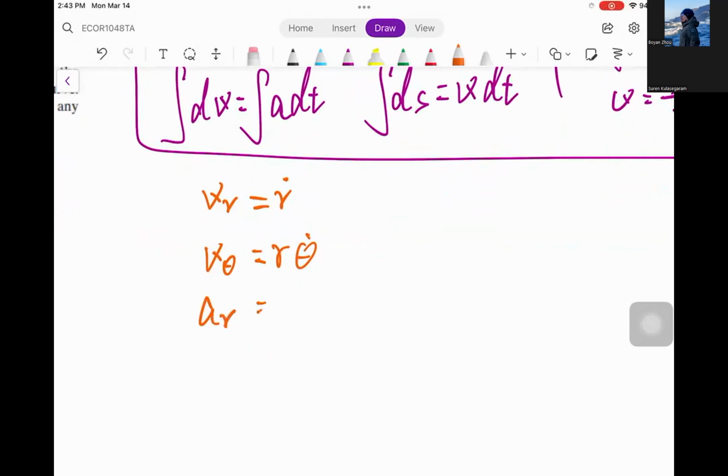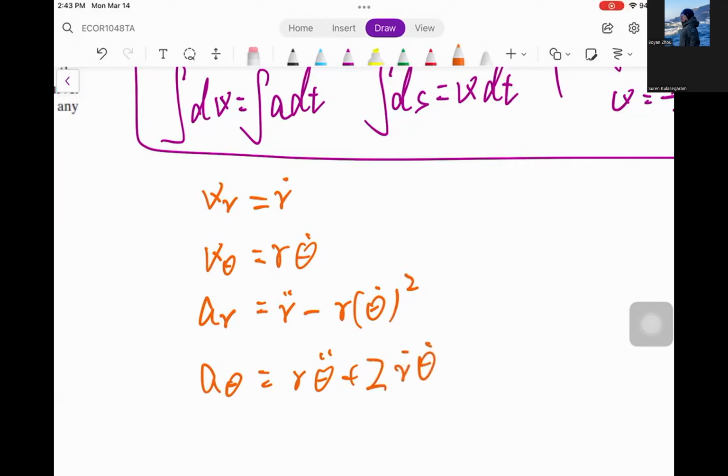The acceleration of R is equal to R double dot minus R theta dot to the power of 2. And A theta is equal to R theta double dot plus 2 times R dot theta dot.